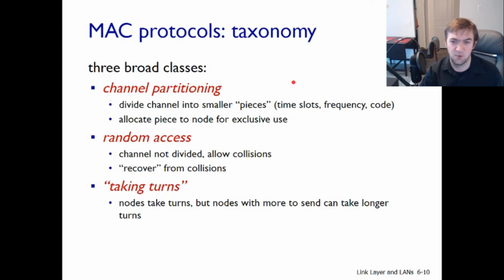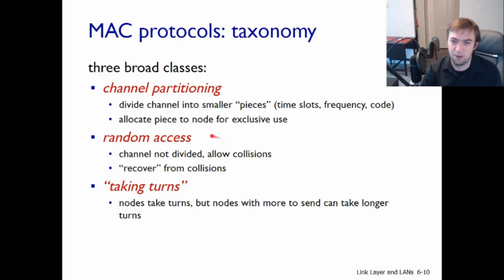Now, when it comes to multiple access control protocols, there's three general classes that we're going to talk about. One is called channel partitioning. This is where you break up a channel into smaller pieces, which could be time slots or frequency, and you allocate a piece to a node for its exclusive use. You're allowed to use this part of the channel, in other words. Random access is where instead the channel is not divided, and instead you just allow collisions to happen.